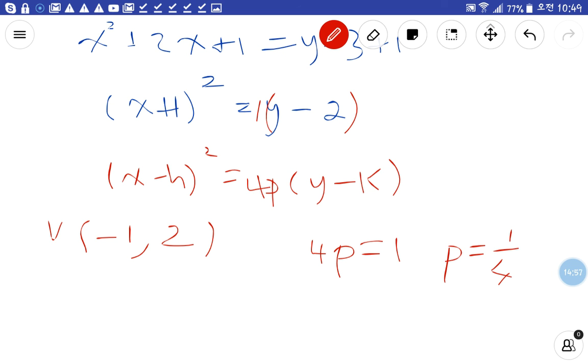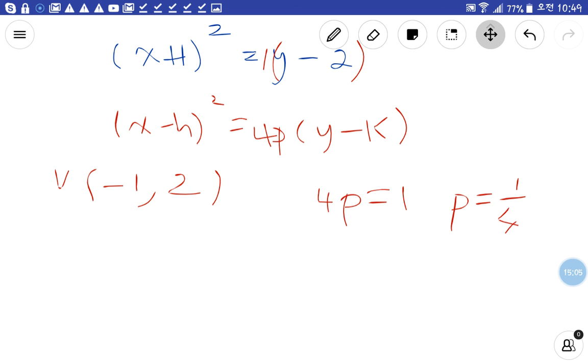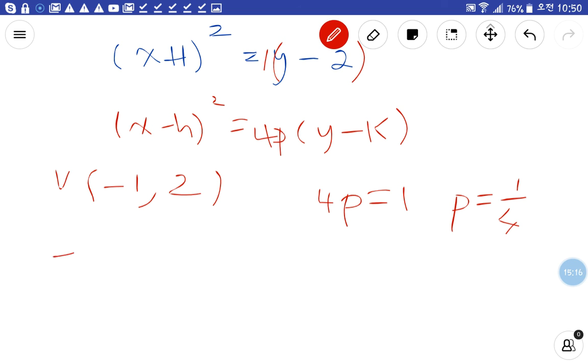So think about it. Your focus was 0, comma p. Now that we've moved it, this time my focus was 0, comma 0, and if I move by h and k, it would be affected.